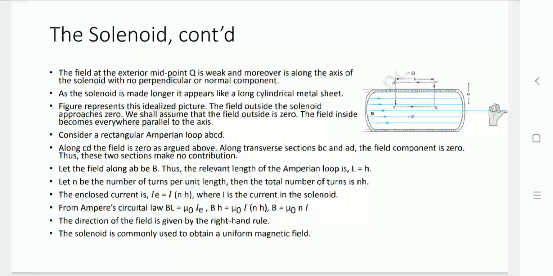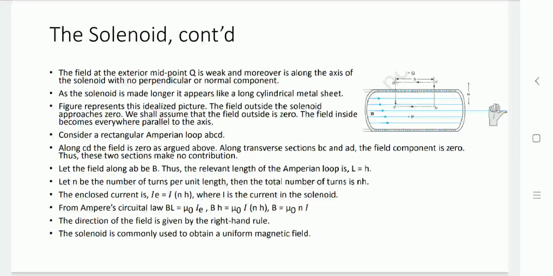At the AB portion, the magnetic field strength is maximum. We define its strength as the magnetic field B, and the loop length is taken as L equals h. Between points A and B the length is h.